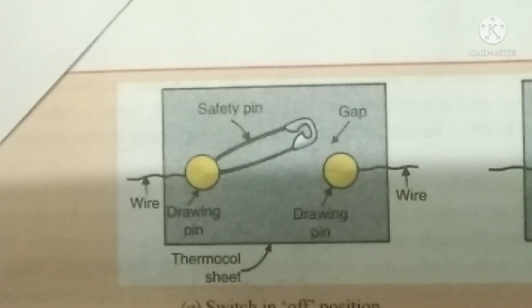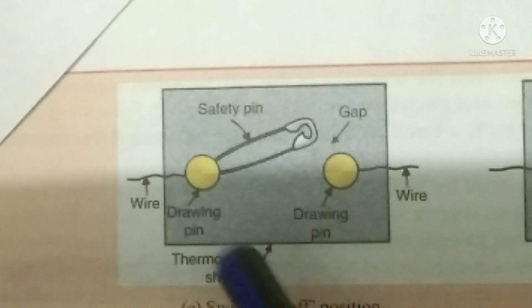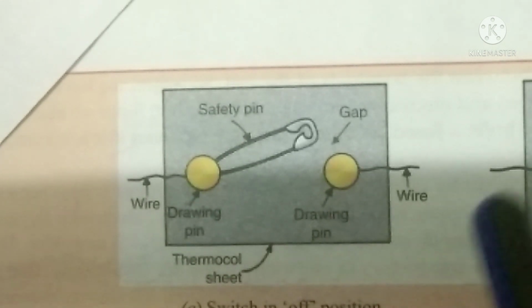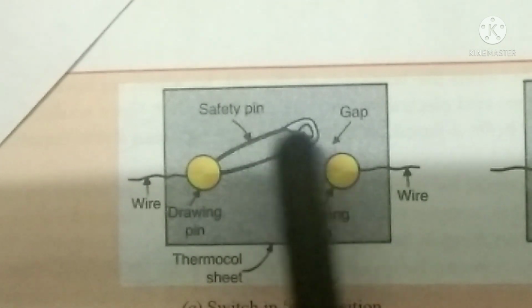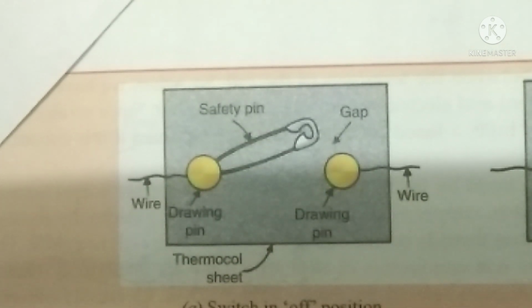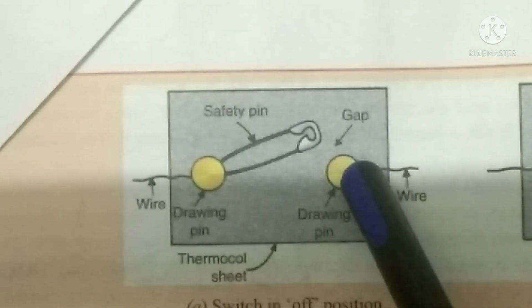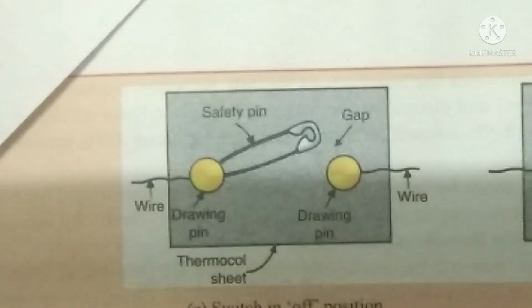So whenever you want to start the circuit, after connecting it to a source, you can connect it to a bulb. Okay, so when this is not touching, that is, there is a gap, the bulb will not glow. But as soon as you press this to this, the bulb will start glowing. I will show you.